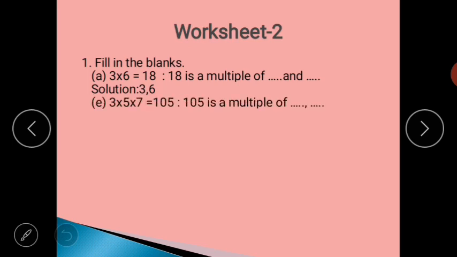In question number E, 3 multiplied by 5 multiplied by 7 is equal to 105.